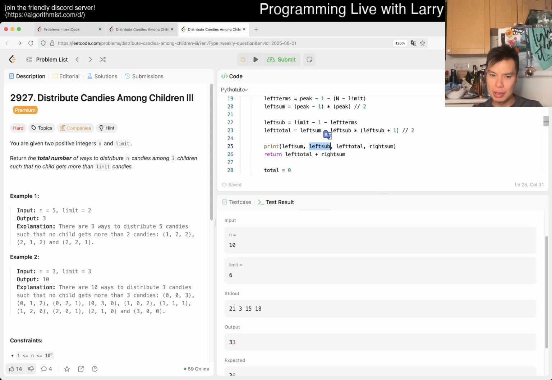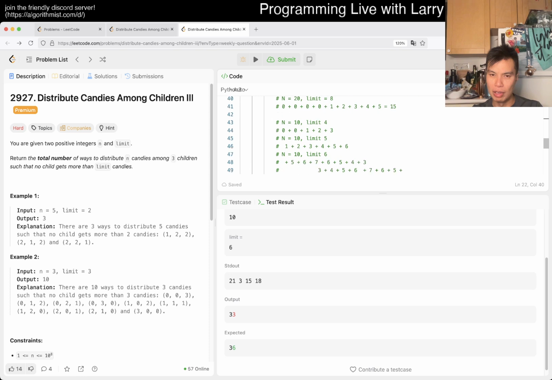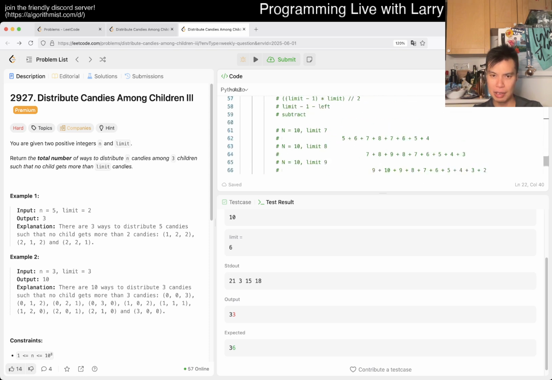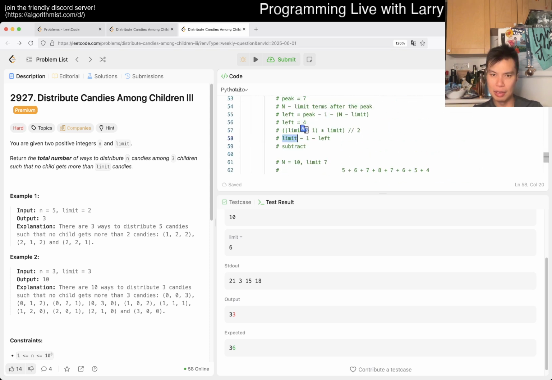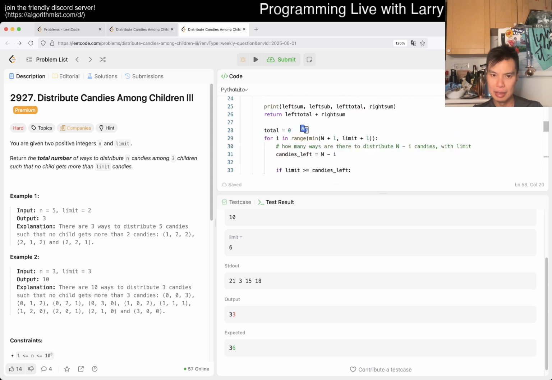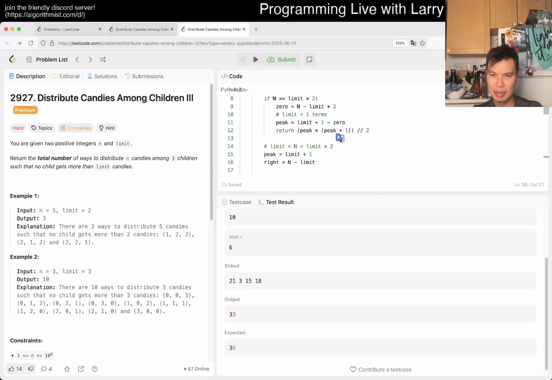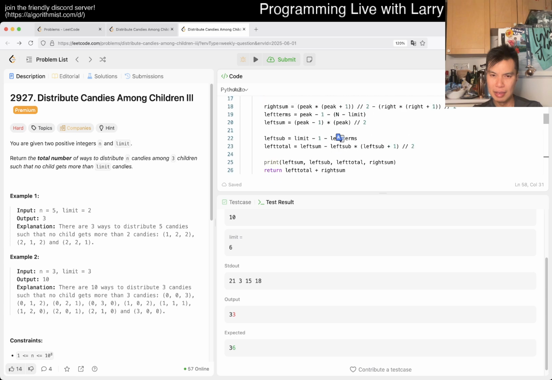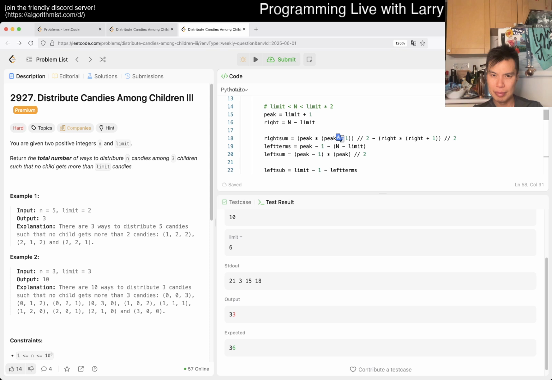Oh, left sub is 3, but that is wrong. Right? I interpreted that wrong. I thought it was 1 plus 3, but no, left sub is just right. So limit is 6. So 6 minus 1 minus left. What is left? Left terms.